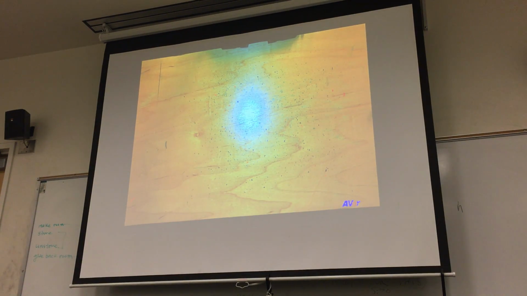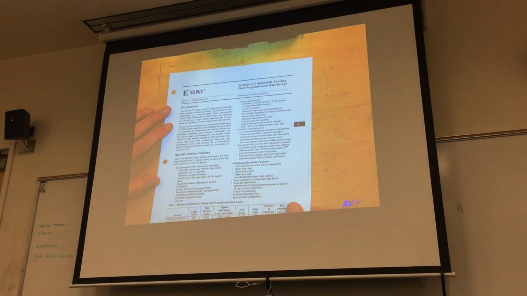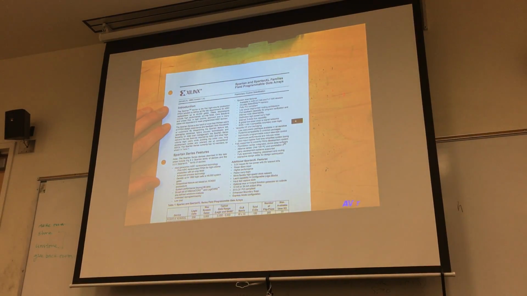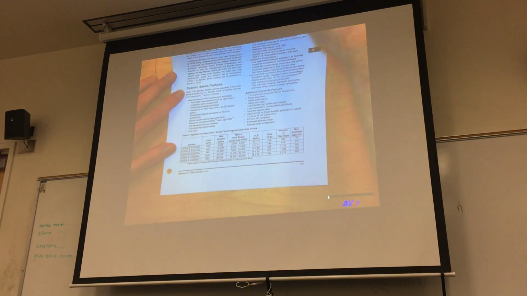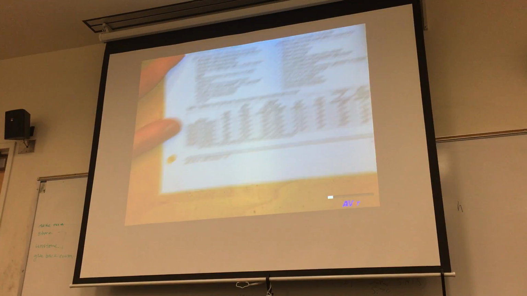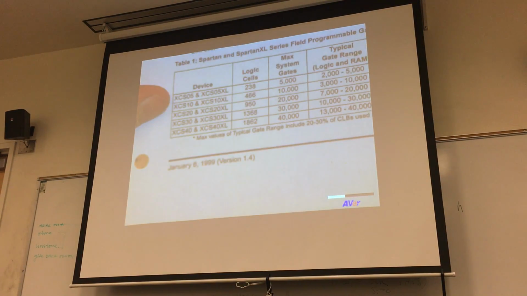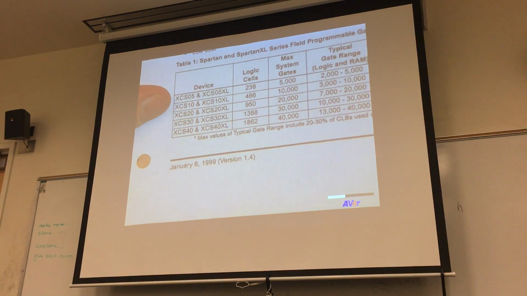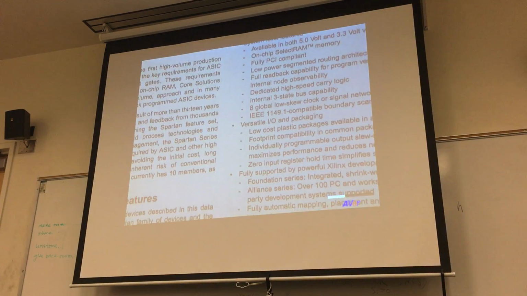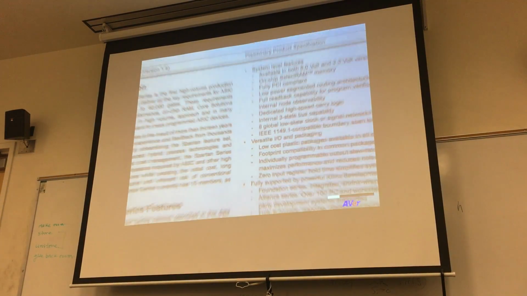This is a product specification document that I got from Xilinx. It is admittedly old. It's from 1999. The reason I like it, however, is this talks about the Spartan family of FPGAs.